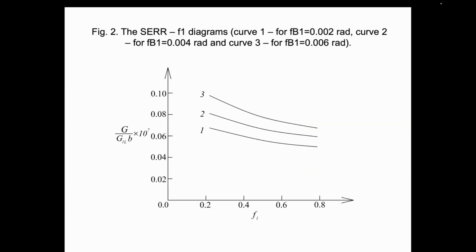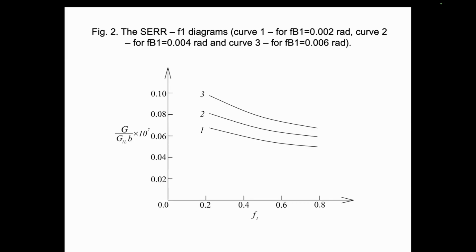The diagrams shown in figure number 2 represent variation of the strain energy release rate induced by change of parameter F1 for different values of phi d1.